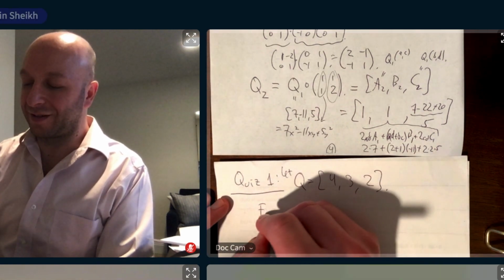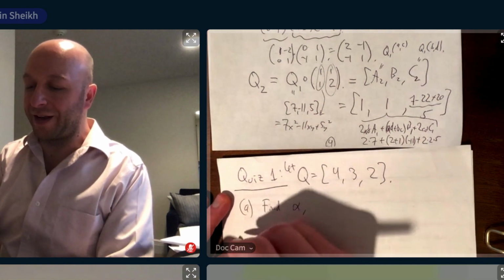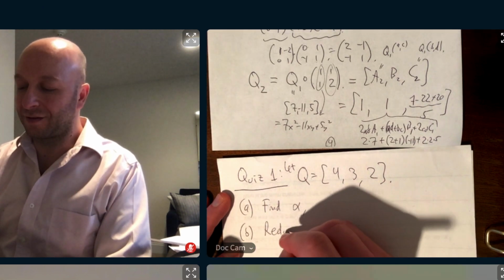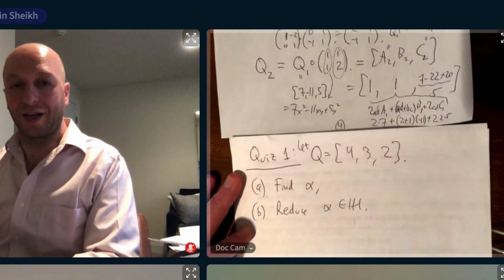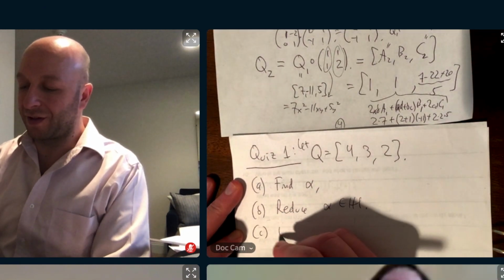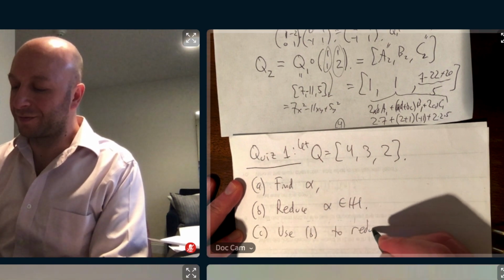Part A: find alpha. So there are 3 parts. Find alpha. B, reduce alpha in the upper half plane, as we discussed. And C, use the reduction in part B to reduce Q.